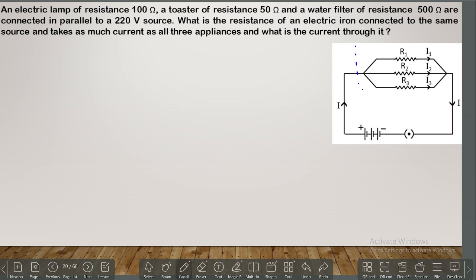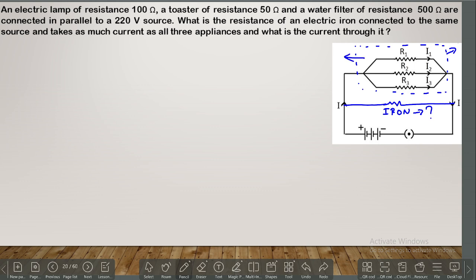Clear? They are connecting one more device to the same source. Let's take it as an electric iron, and they are asking what is the resistance of the iron if it takes the same current as all the three electrical appliances take.